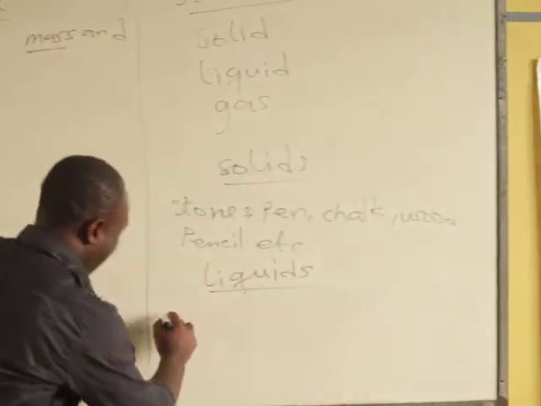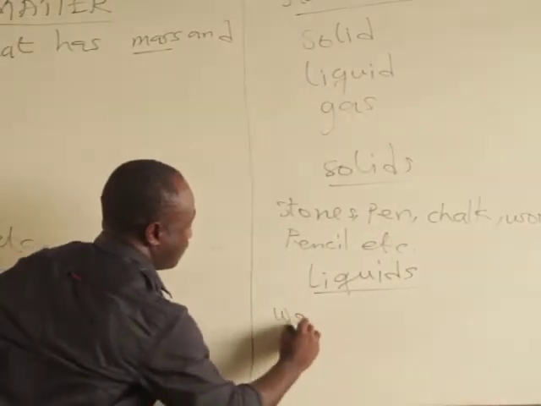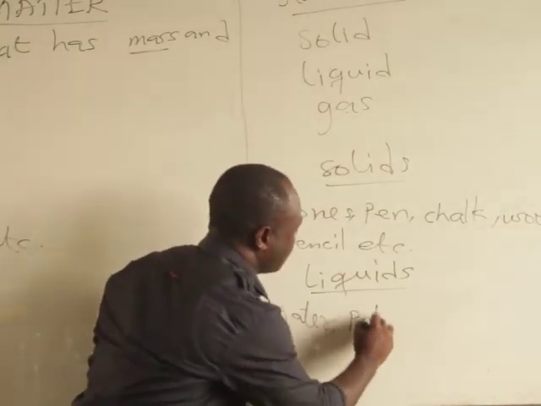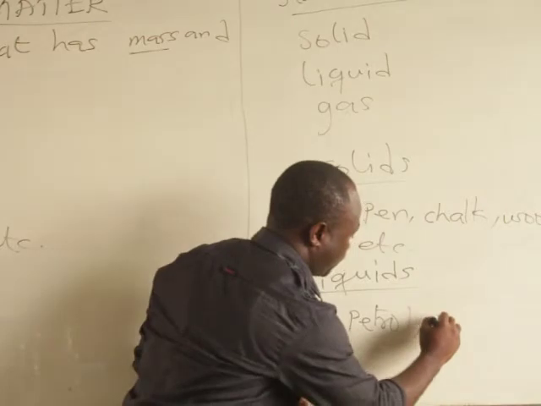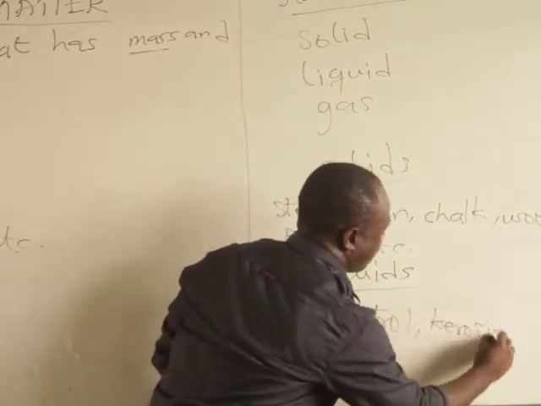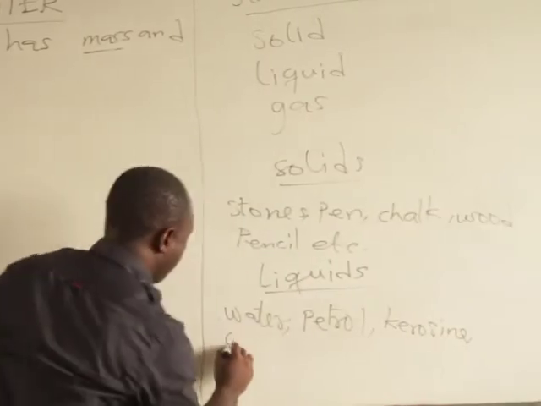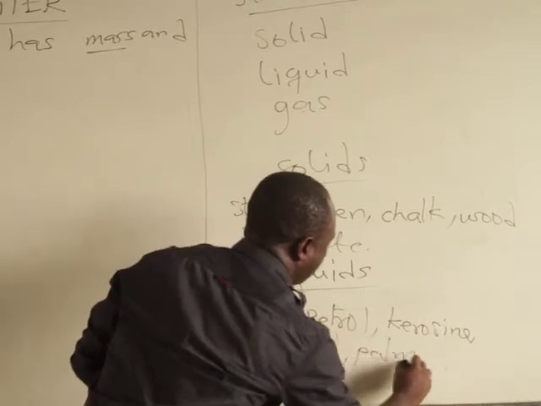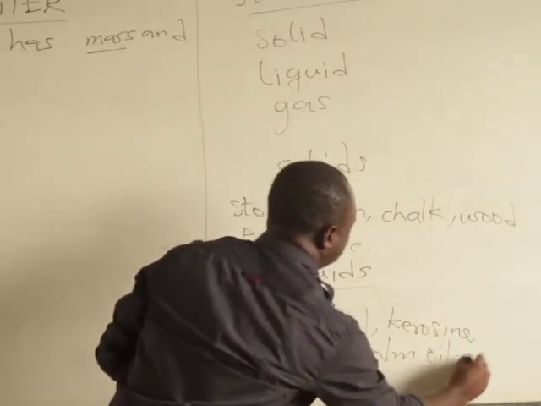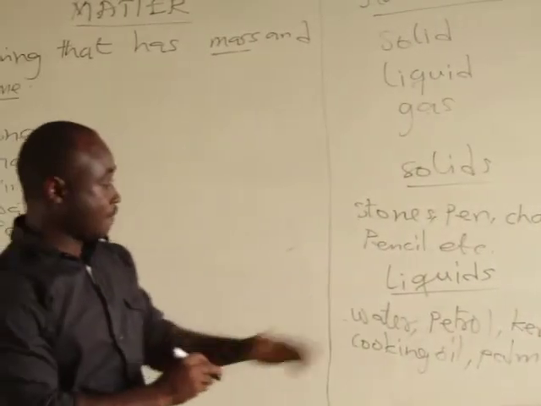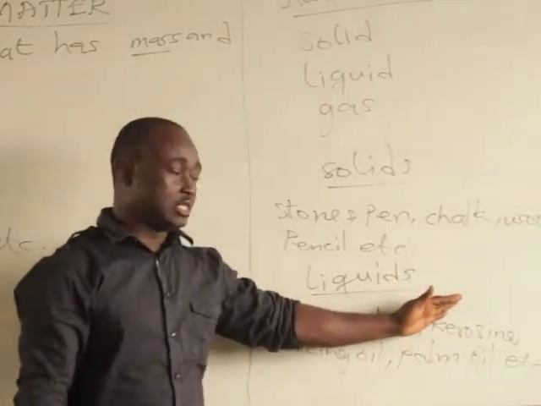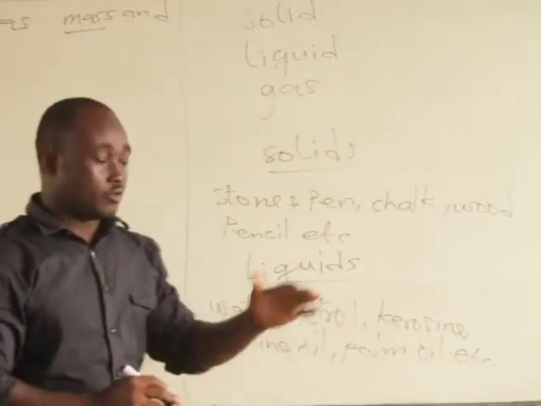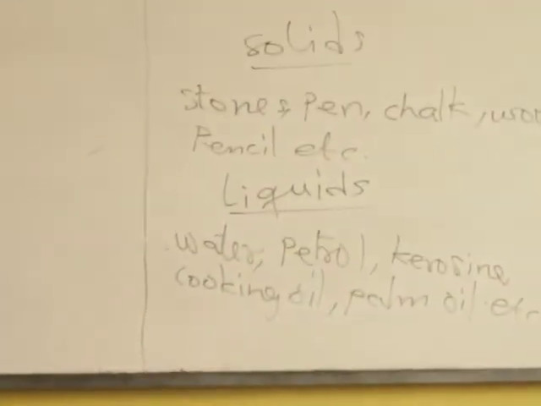Basically, we have water, petrol, kerosene, cooking oil, palm oil, and many more. These are examples of liquids.